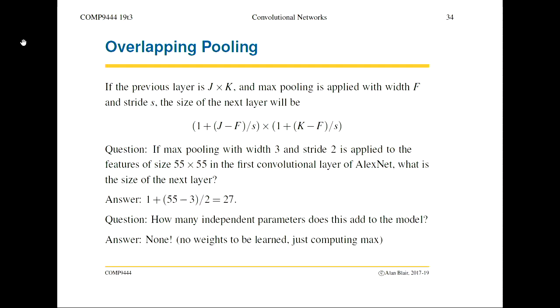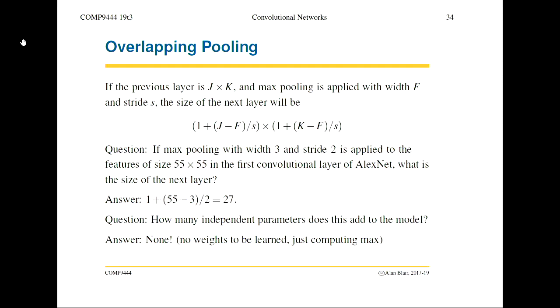If you just divide by the stride, you get a pretty close approximation. But 55 divided by 2 would be 27 and a half. It's actually a little bit bigger than that. I think it's 27. That looks funny, doesn't it? It looks like a mistake there. 55 minus 3 over 2. I better check that.